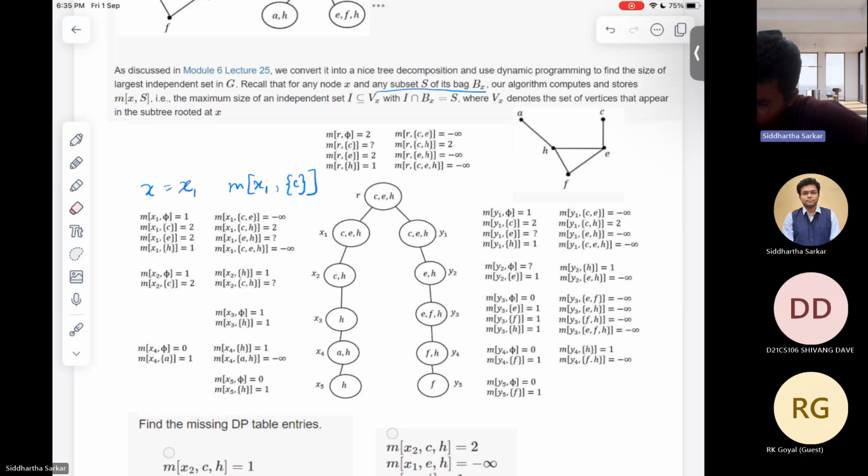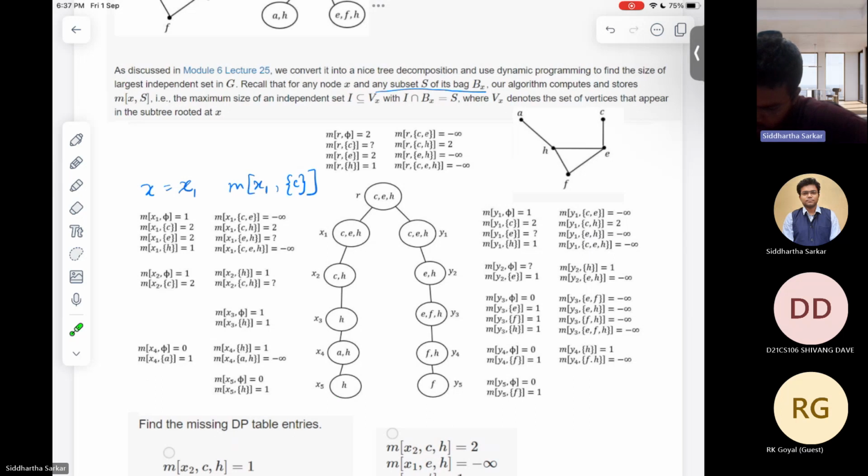So you're able to see the original graph now. Yes, visible. So we want to find. When we're looking at this entry, basically we are asking what is the maximum independent set size for this set of vertices C, E, H, and A in the original graph.